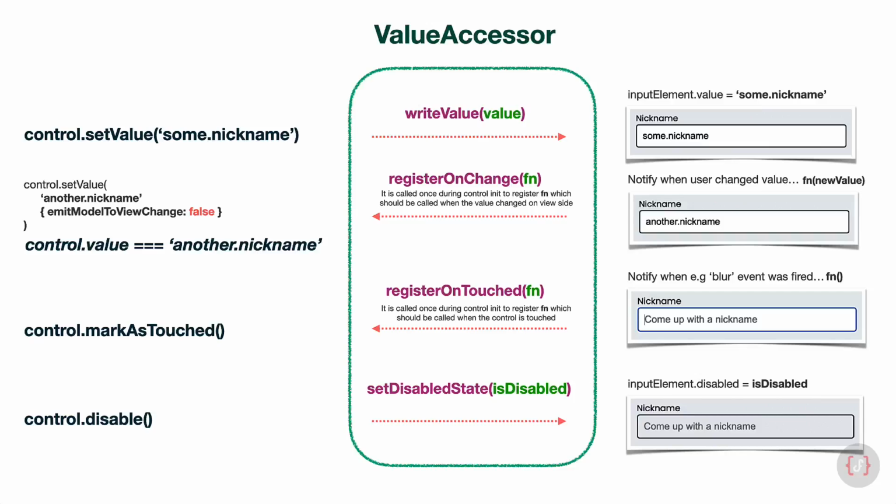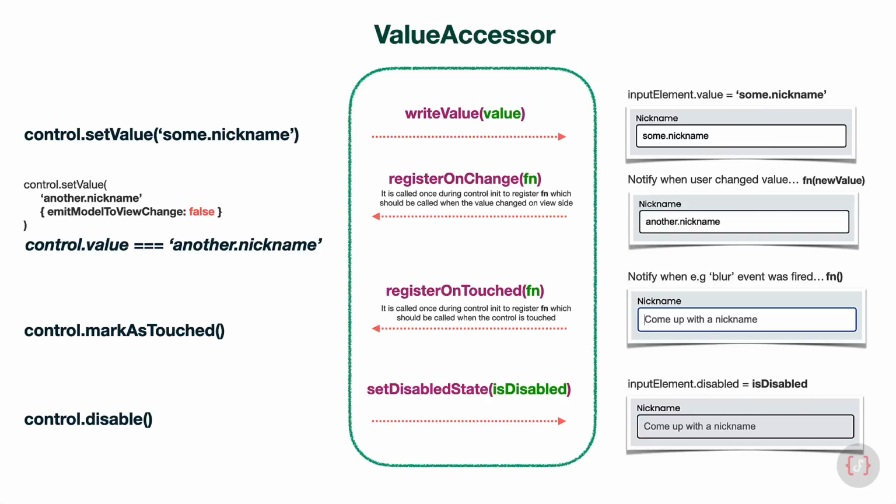You might also ask, why would we need a separate abstraction for that? Couldn't we do this synchronization directly in the directive? Well, the thing is that besides the input control, there are many others that have different behavior and different API.